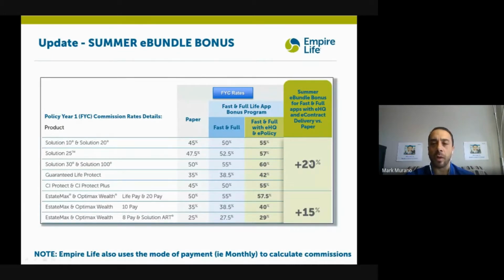In an environment where some advisors are struggling a little bit more than normal to get business, or you're successful, whatever it may be, getting 20% more gross compensation is nothing to sneeze at. So take advantage of a great process, best in industry, great products, and being paid more for it. It's a real triple win. So take advantage of the summer e-bundle bonus.